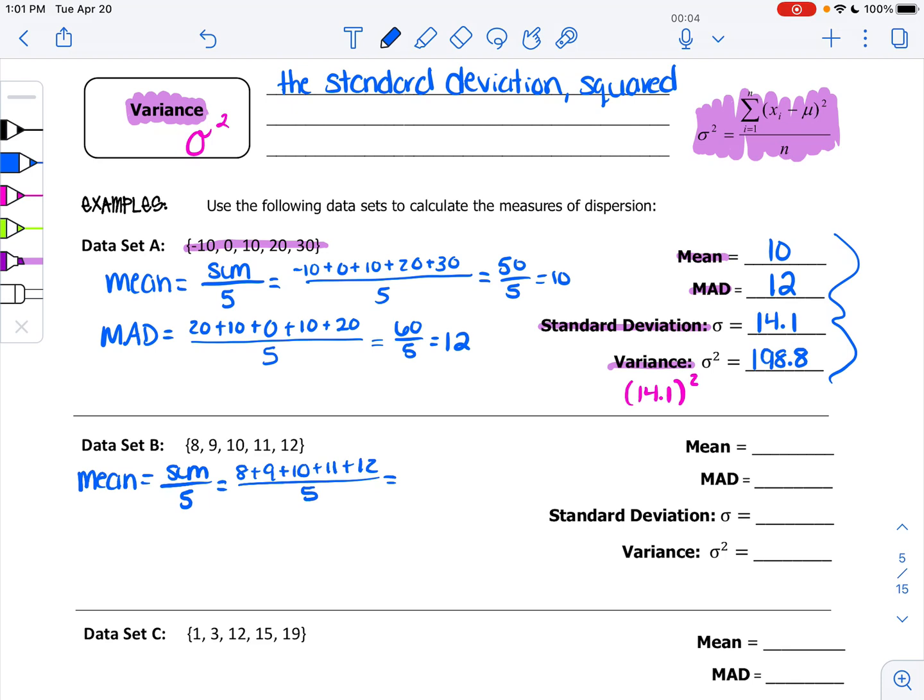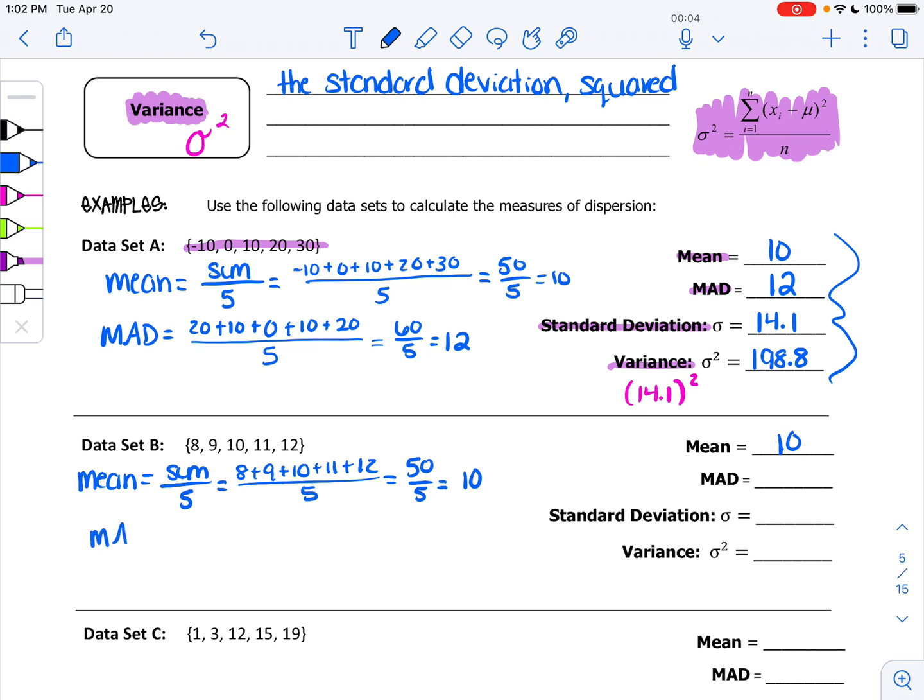We know 8 plus 9 is 17. 10 plus 11 is 21, plus 12. So 17 plus 21 plus 12 gives us 50, and 50 divided by 5 is 10. So our mean in this example is 10.